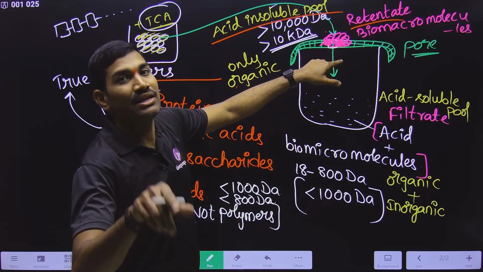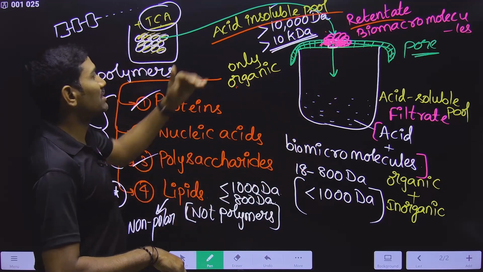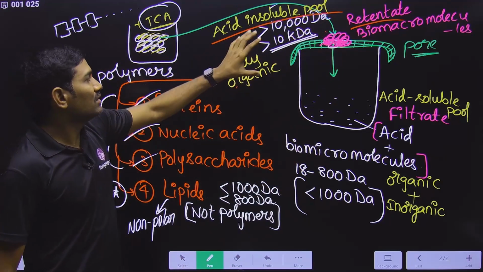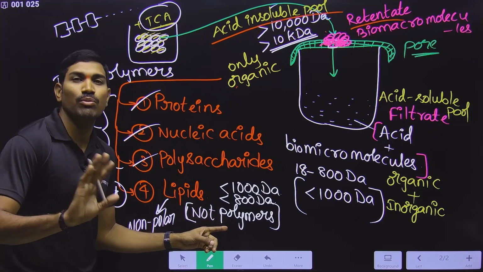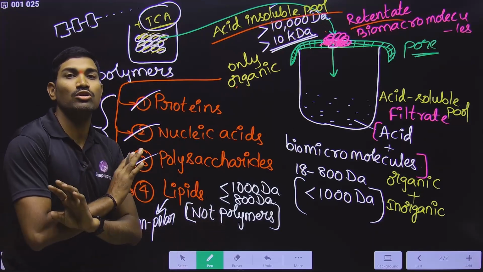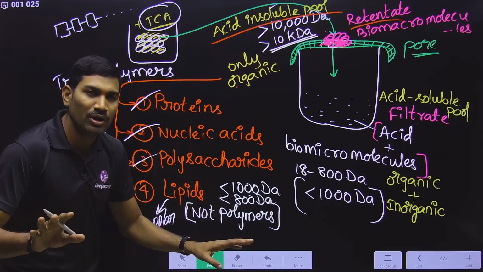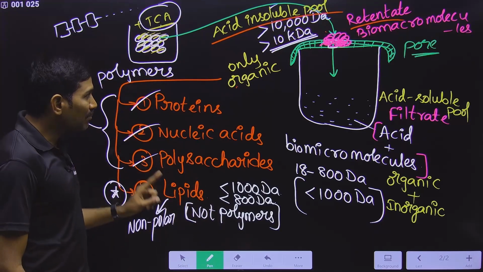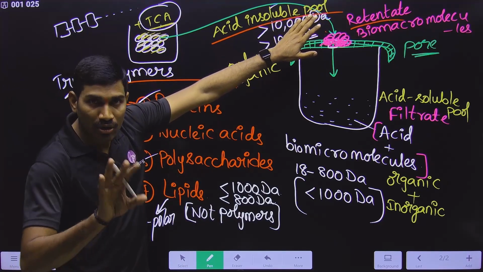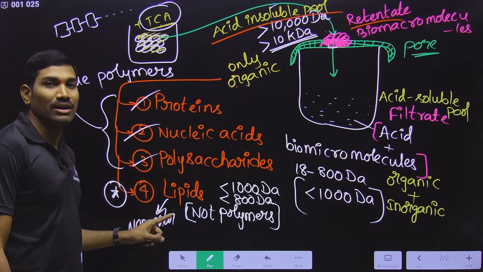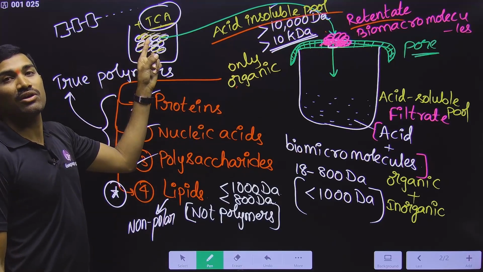That is the reason why they are present along with the macromolecules. But originally they are not true polymers or true macromolecules, yet they are present along with the macromolecular fraction because they are non-polar and the solvent used is polar.